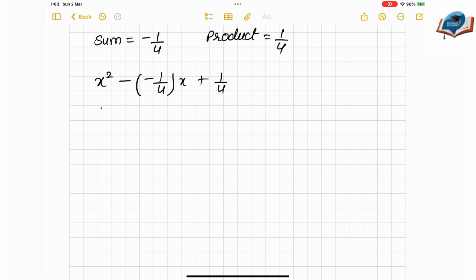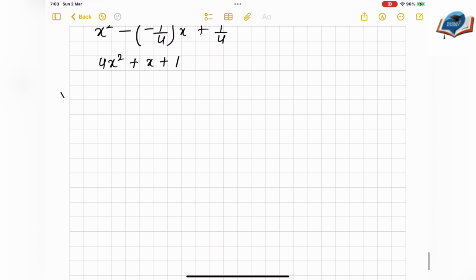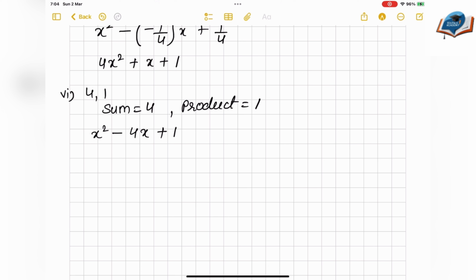So if I multiply with 4 everything, so 4x square minus into minus plus x plus 1. Then sixth one says 4 comma 1. So sum is 4, product is 1. So x square minus 4x plus 1. This will be my required equations.